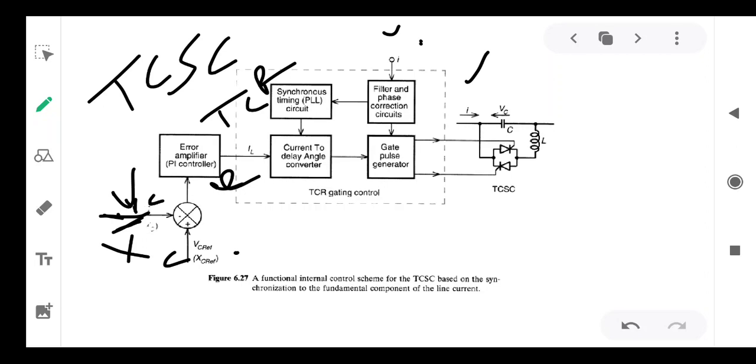When IL is more, the capacitive current will be decreased.